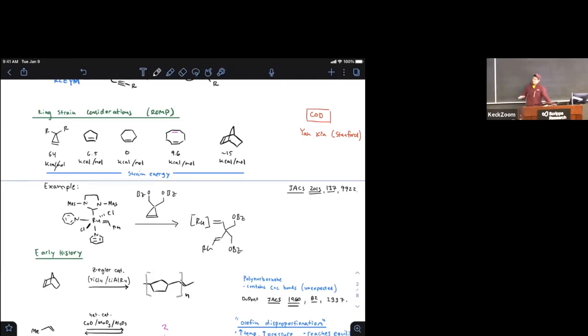These react in a monoselective fashion and then stop. Why?